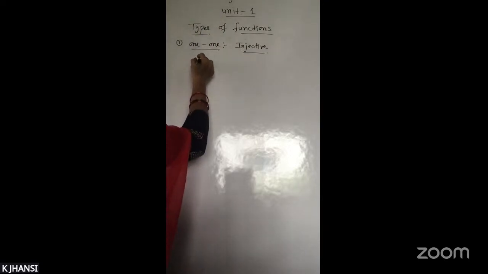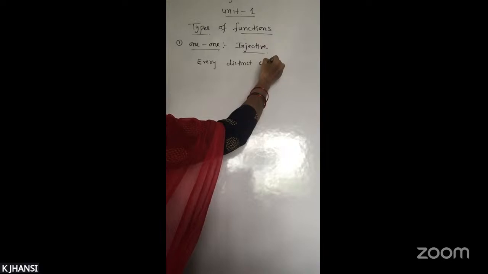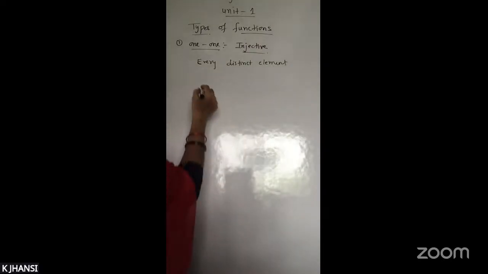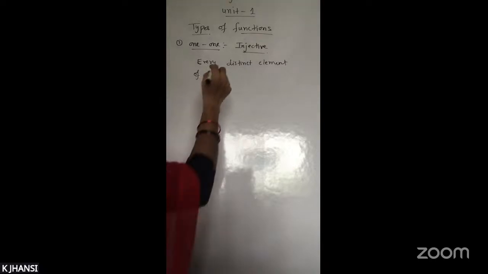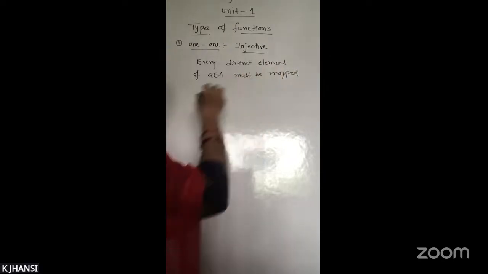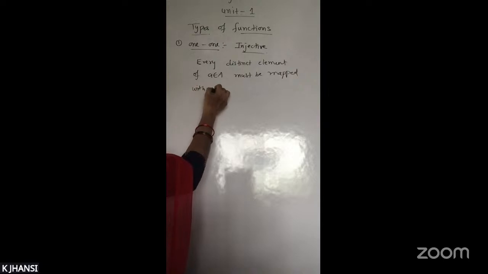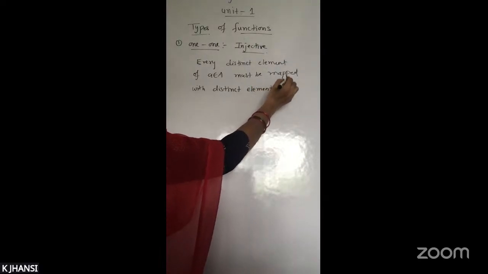We call it every distinct, in the sense different, element a belongs to A, meaning a is an element from set A, must be mapped with a distinct element b belongs to B. That is called a one-to-one function.